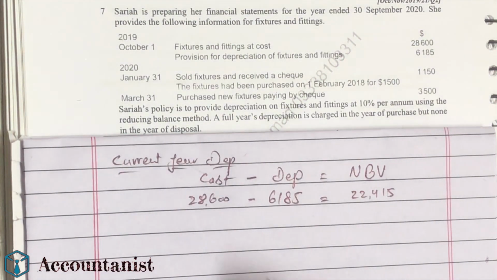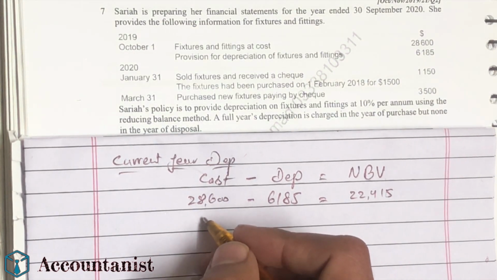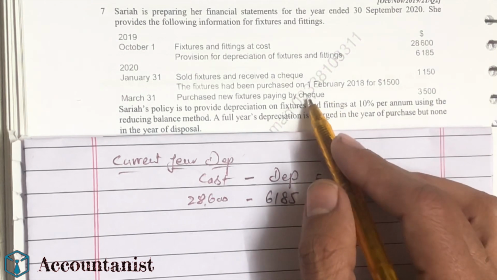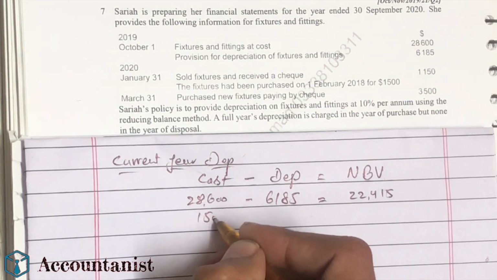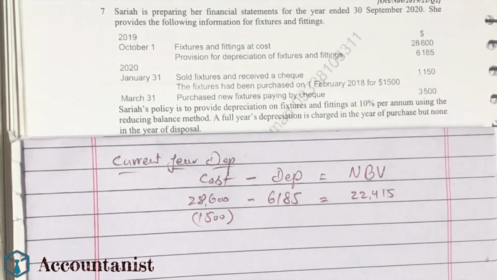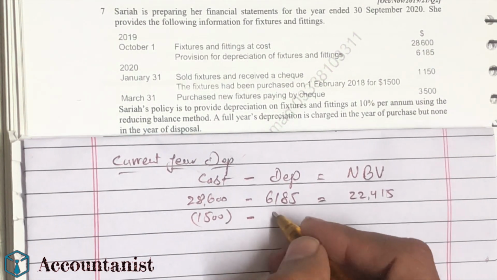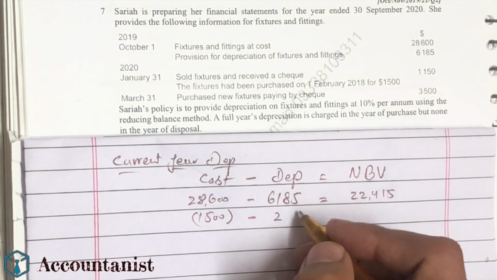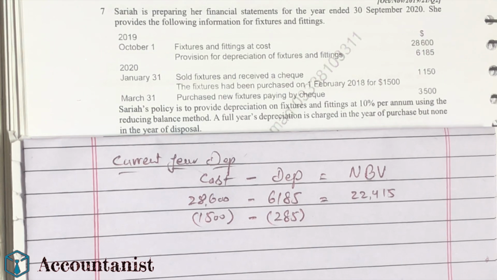And now I have sold an asset. The asset cost was 1500, so 1500 I have to deduct from the cost, and the depreciation of that asset was 285, that I have to deduct from the depreciation figure.